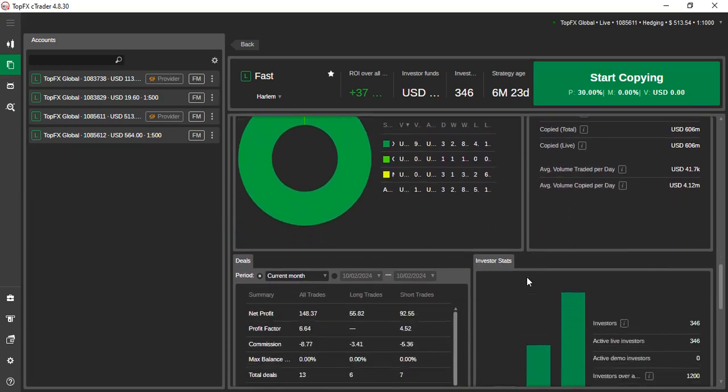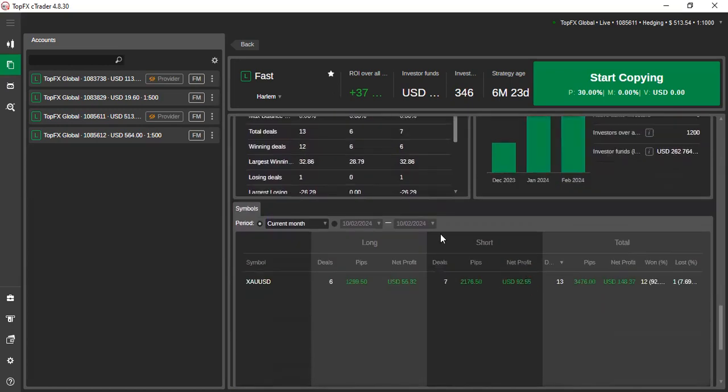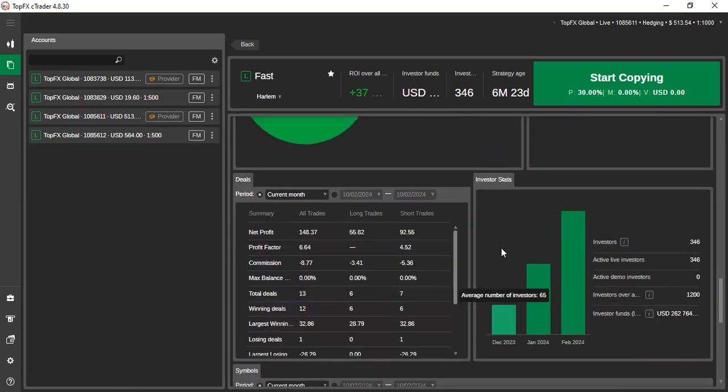So these are the things I check. I check their lots, the number of positions, the number of wins, the number of losses, their highest profits, their highest loss, the long-term trades, the short-term trades.